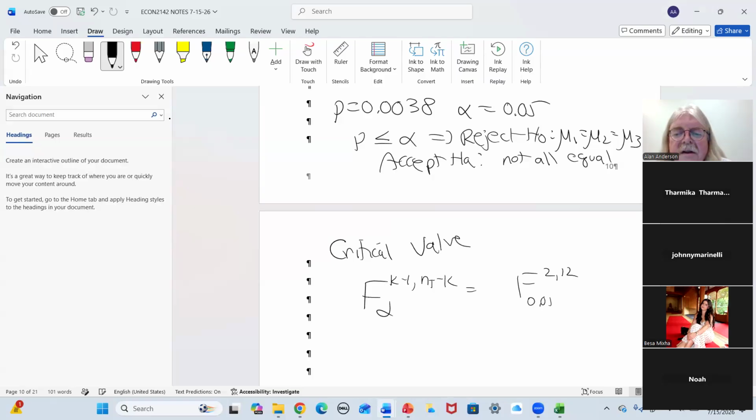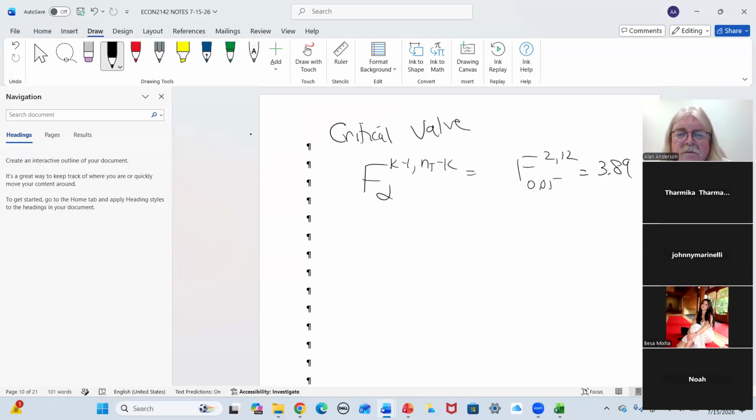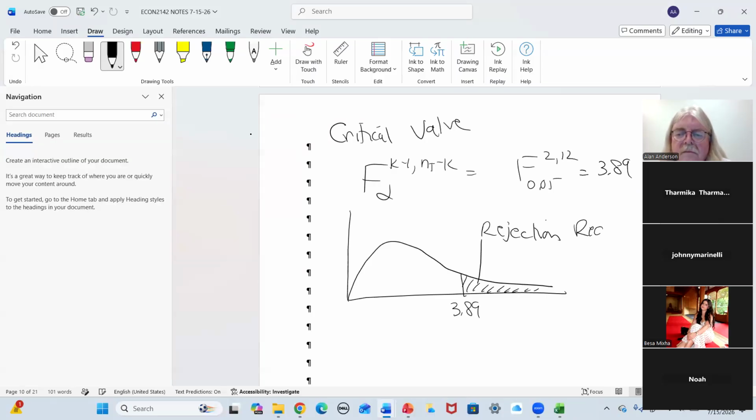We've already seen this one. But our test statistic is, of course, well within the rejection region. And that would be another reason why we should reject the null.